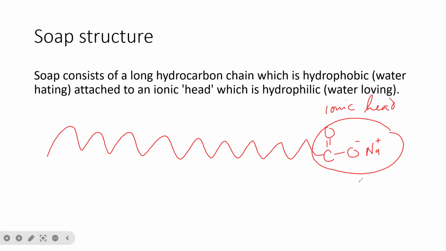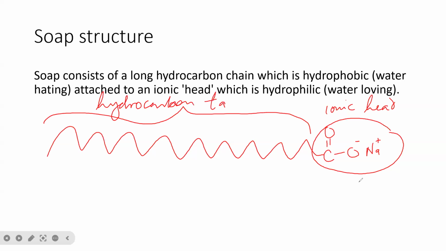It has an ionic head and it has a hydrocarbon tail. Are we together? So these two features of the soap are very, very important that you understand, because they will help us understand, like I say, how soap does its cleansing work.